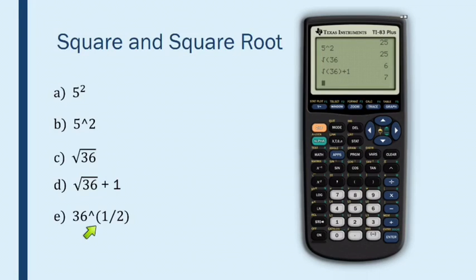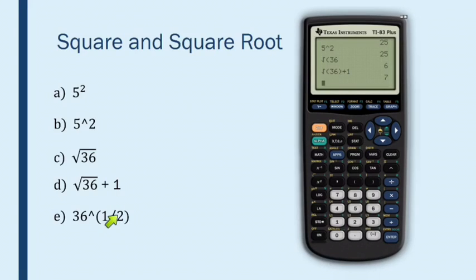And let's also just remember from algebra that the 1/2 power is the same as the square root. So if you forget to put your radical in first, you can alternatively put power 1/2. Notice that the 1/2 now needs to be in parentheses, because if it weren't, the calculator would only understand that the 1 is the power, and then it would divide the result by 2, and that's not what we want.